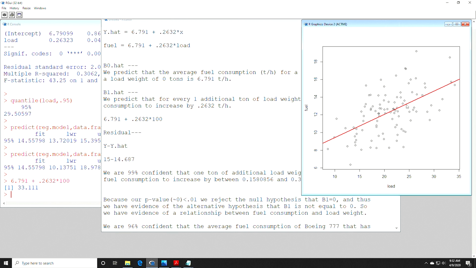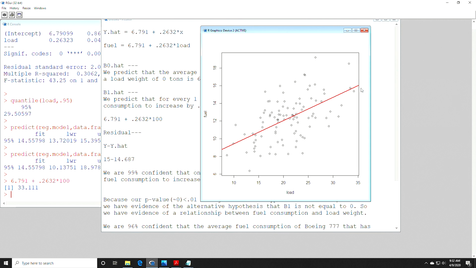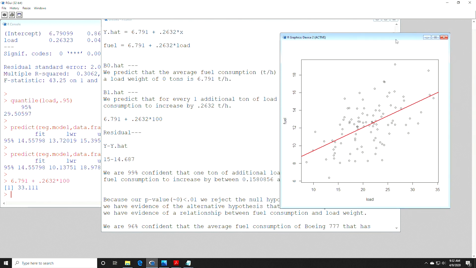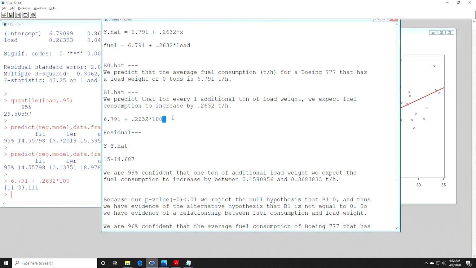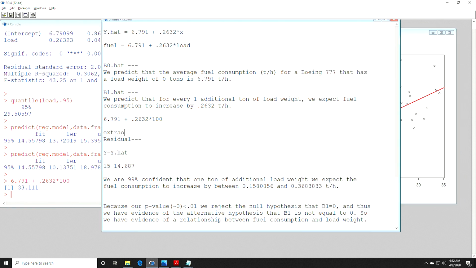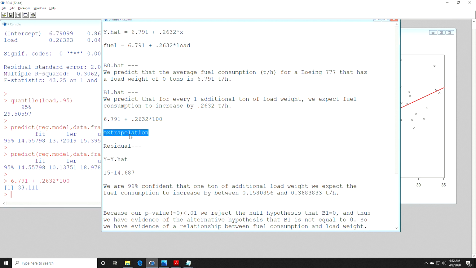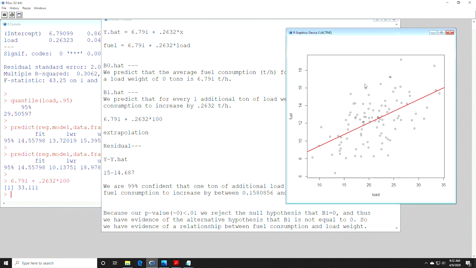But there's a difference now. If you think about trying to predict that load weight of 100, well, we can't even fit it on the screen, right? Even if we were to draw this graph bigger, it's not even close to the observed data. Trying to do that is what's called extrapolation: trying to predict observations that are outside of the range of observed data.